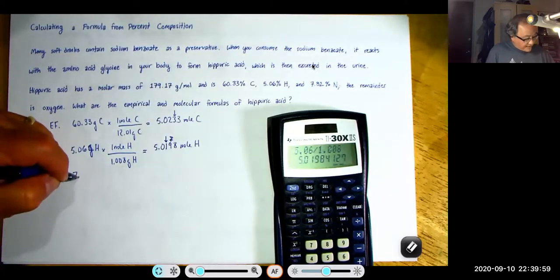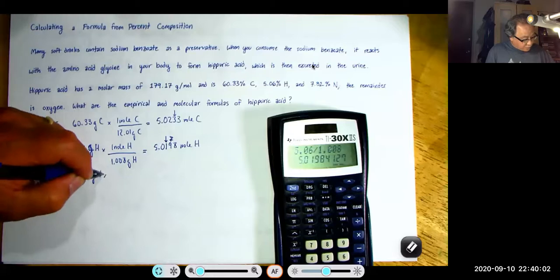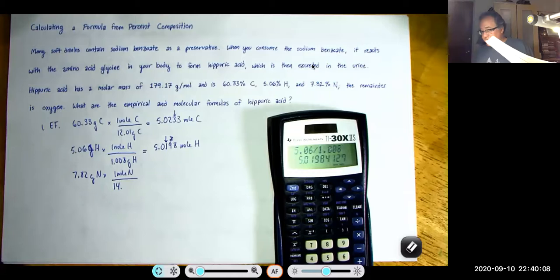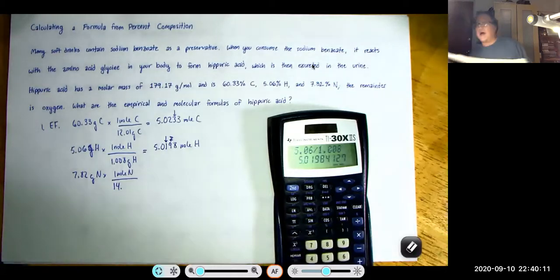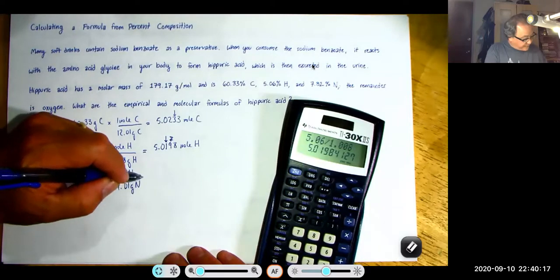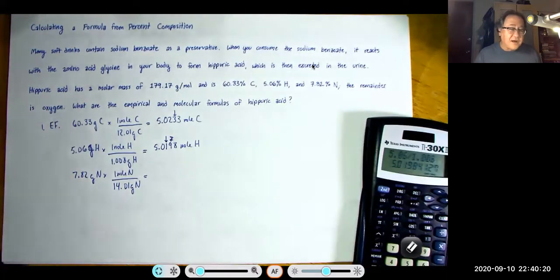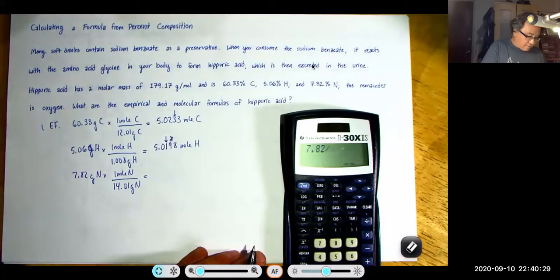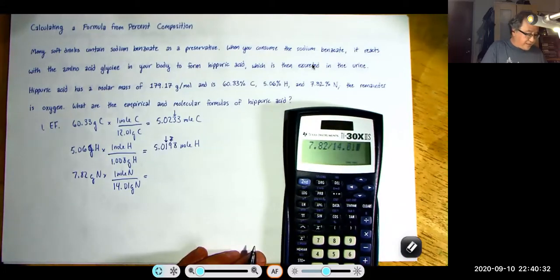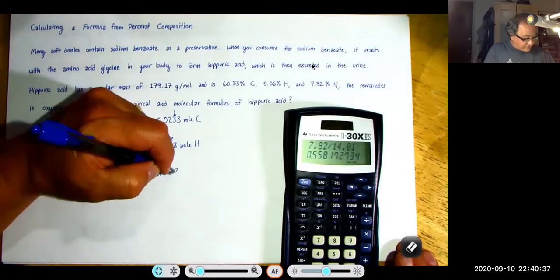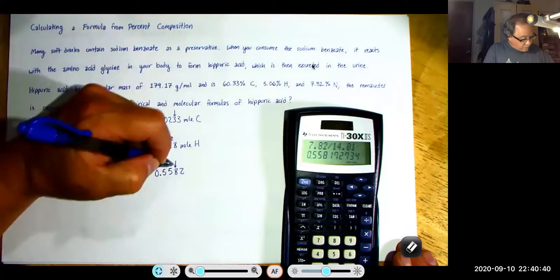And then we have 7.82 grams of nitrogen times 1 mole of nitrogen per 14 point, and I have to look this one up. I think it's 0.1, maybe 0.7. It's 0.1. And here you can see that the answer is going to be about 0.5. 7.82 divided by 14.01, and we get 0.5582 mole of nitrogen.